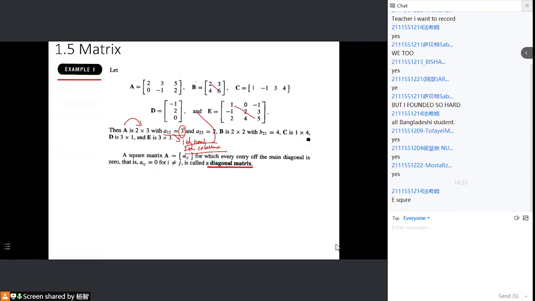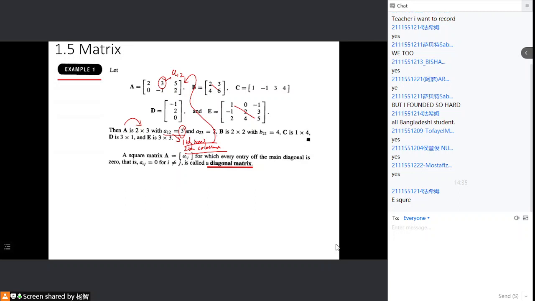If you check row 1 and column 2, you will find this element. This element is A12.